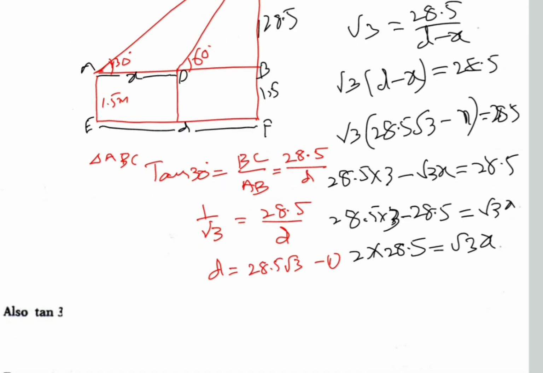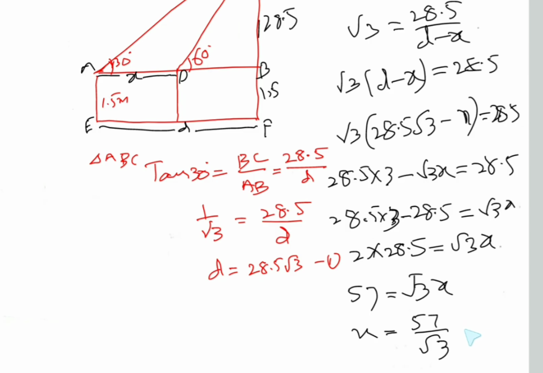Therefore, 28.5 into 2 is 57. 57 is equal to root 3 x. Therefore, x is equal to 57 by root 3.